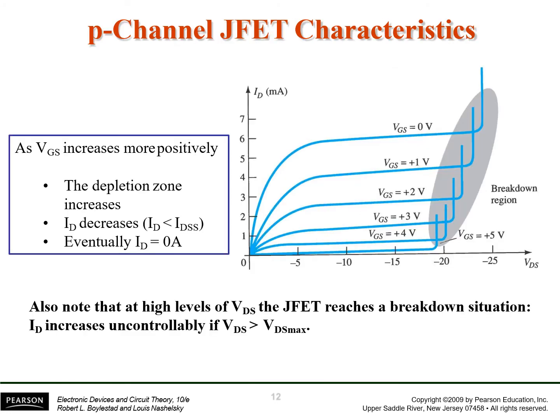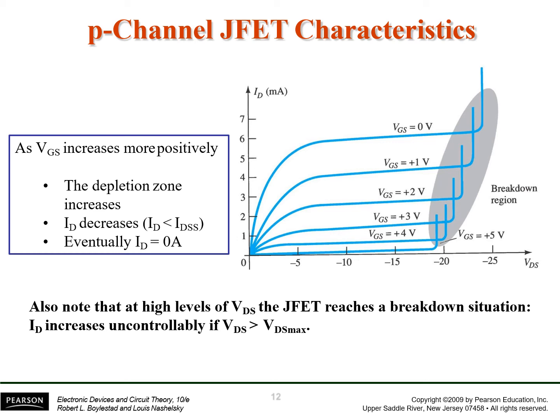And one more thing, as we go on increasing the voltage between the drain and the source, depending upon which VGS is chosen, it would follow a breakdown region, and the breakdown region would come at a certain value of VDS. As we increase the value of VGS, the breakdown voltage VDS comes earlier.